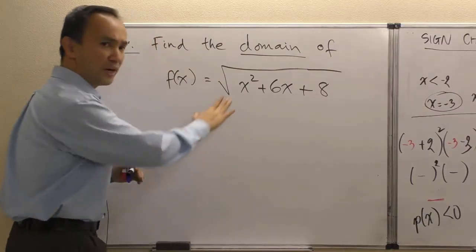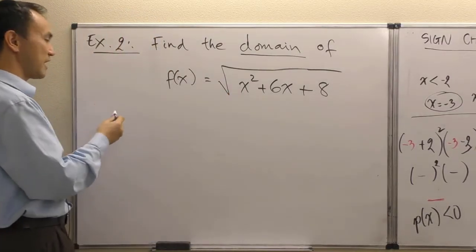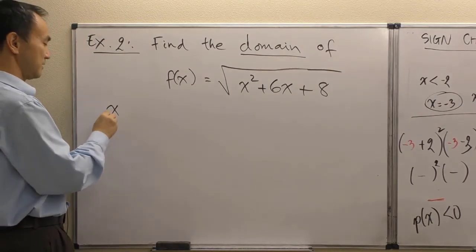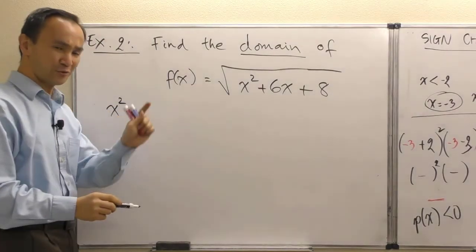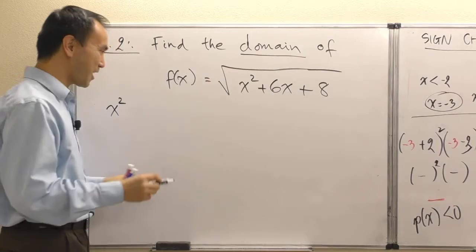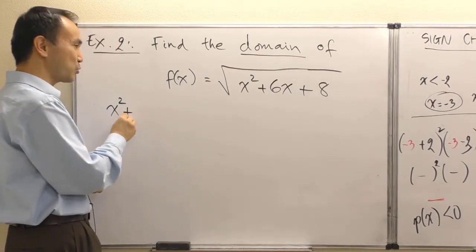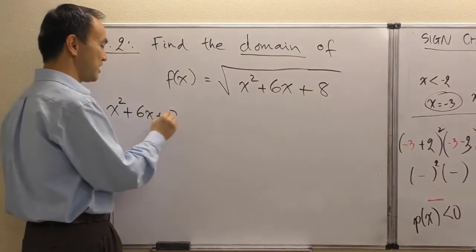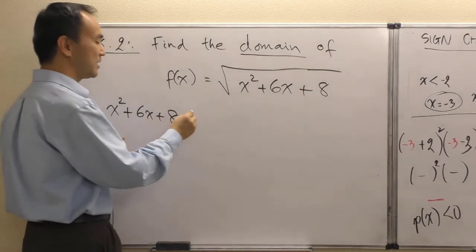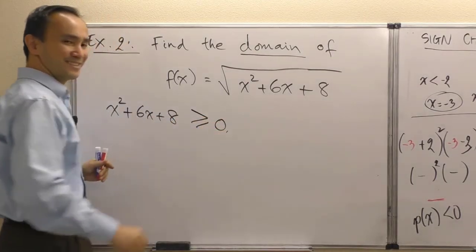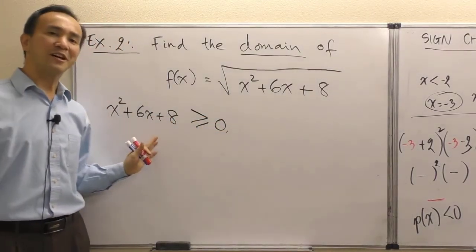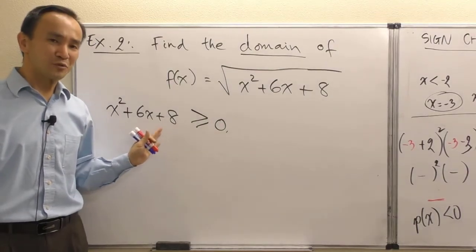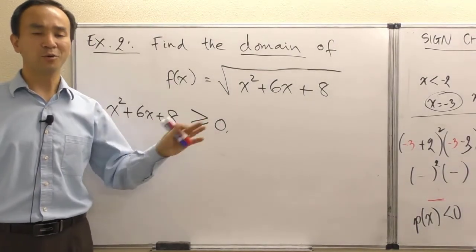in order to find the domain here, I first start out by letting the one strict requirement for this particular function, that x squared plus 6x plus 8 inside the square root has to be greater than or equal to 0. And just now we realized that we have produced for ourselves a polynomial inequality.